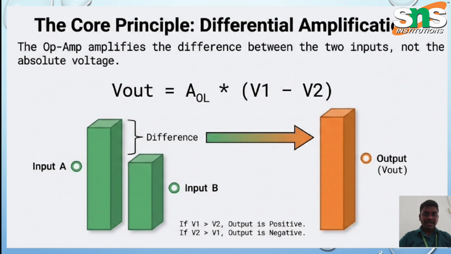In the diagram, with input A and B at different values, we get an output Vout. If V1 is greater than V2, the output is positive. If V2 is greater than V1, the output is negative. This is the principle of the operational amplifier for difference amplification.